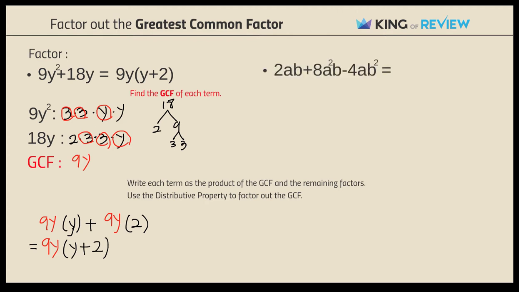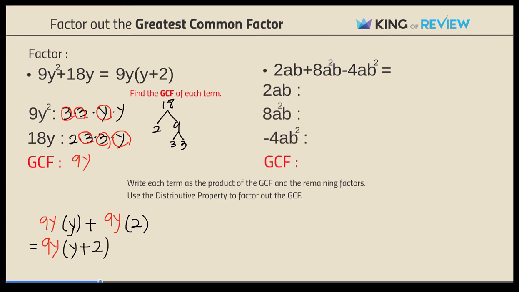Let's look at one more example. This looks a bit complicated, but we'll use the same method. It doesn't matter how many terms we have. Write it out in prime factored form, identify the common factors, and then factor out the GCF. So for this example, we know that 2ab is 2 times a times b.